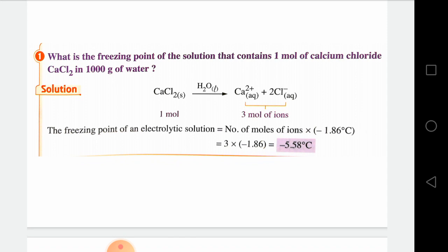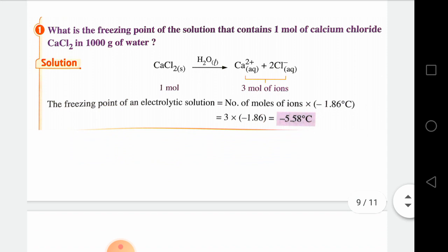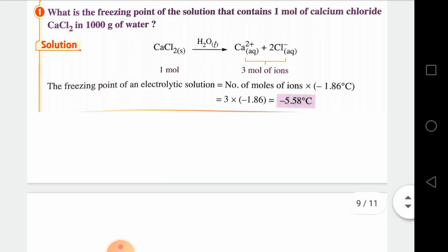This means 1 mole of solid calcium chloride gives us 3 moles of ions. So by applying the relation discussed before, we multiply 3 moles of ions by negative 1.86. So the freezing point of the electrolytic solution will decrease, the freezing point depression will be negative 5.58 degrees Celsius.